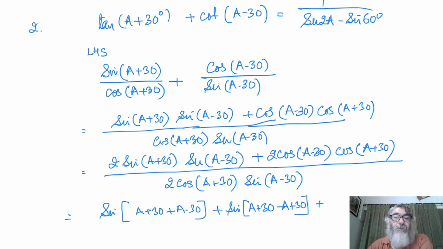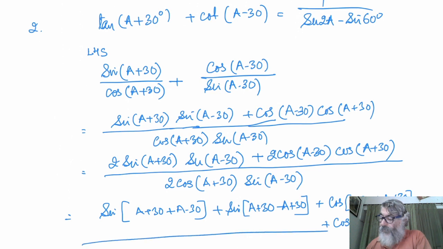Here, if it was 2 sine(A-30) sine(A+30), then we would have applied cos(A-B) minus cos(A+B), but here we will apply cos(A-30) plus (A+30) one factor and plus cos(A-30) minus (A+30), divided by 2 cos(A+30) sine(A-30).